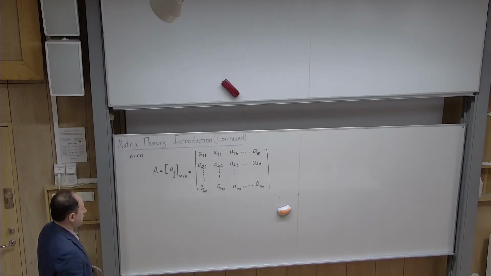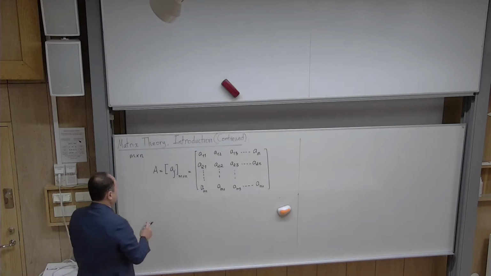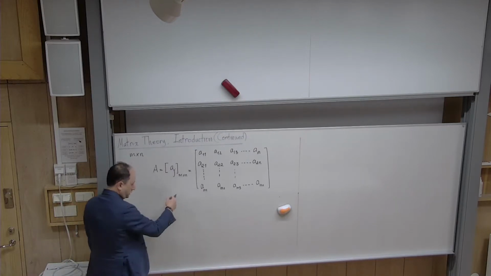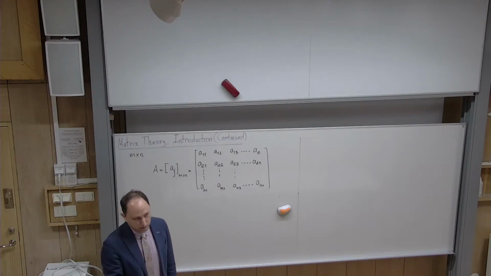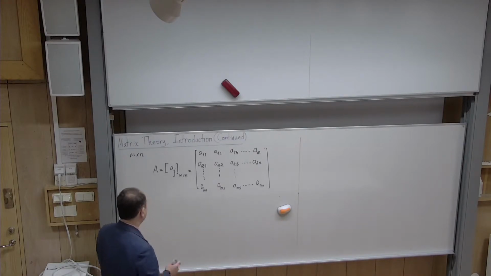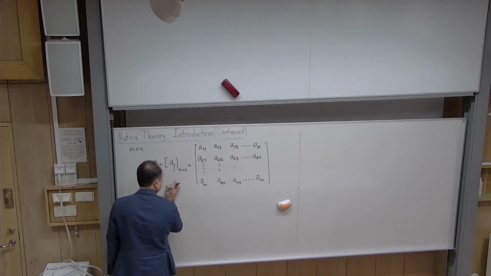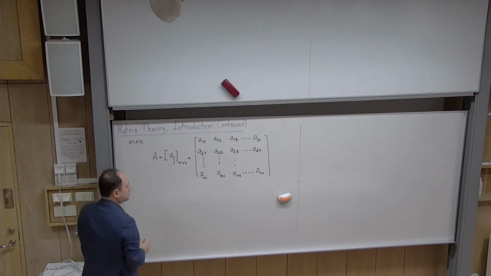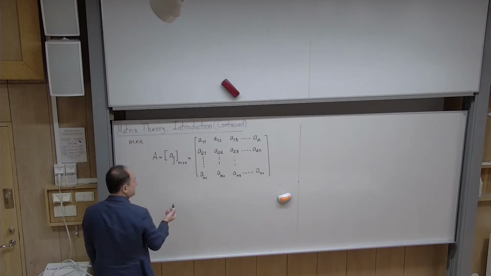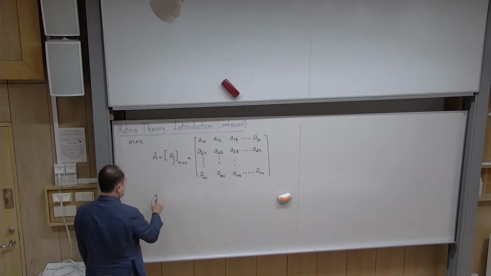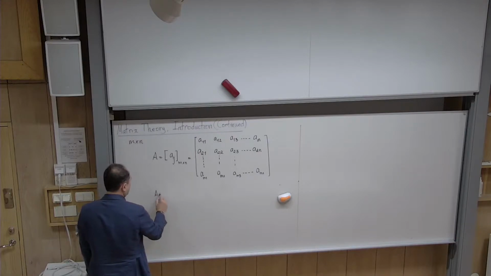Okay. But if you remember, I was introducing different terminologies so that we know what we are talking about. The last thing that I was talking about mainly was the notion of a square matrix. So let me make it 3 by 3 to save some time. Assume that you have a square matrix.